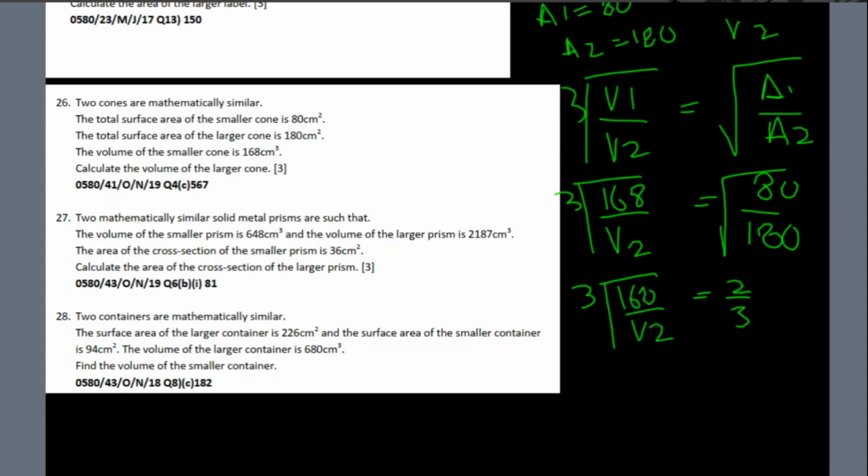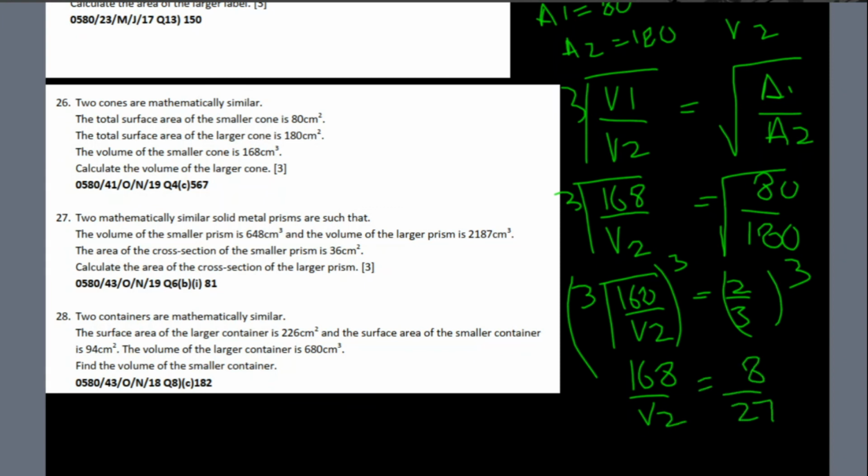Now get rid of the cube root by taking cube on both sides. So we get 168 over V2 equals 8 over 27. Now cross multiply and get the value of V2, which is 168 times 27 divided by 8, which gives 567 centimeter cube.